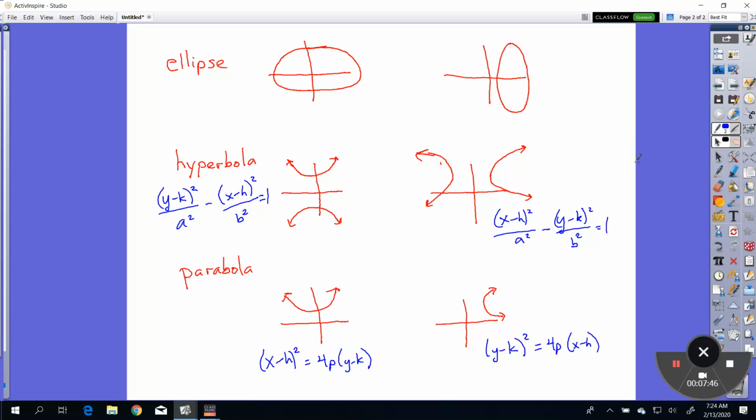Have you heard of a focus point before? So here's kind of the general idea. On an ellipse, there's 2 points inside of here that, like, if I had a string tied to them, and I held on to that and had a pencil, from the focus points, that string would create the ellipse.